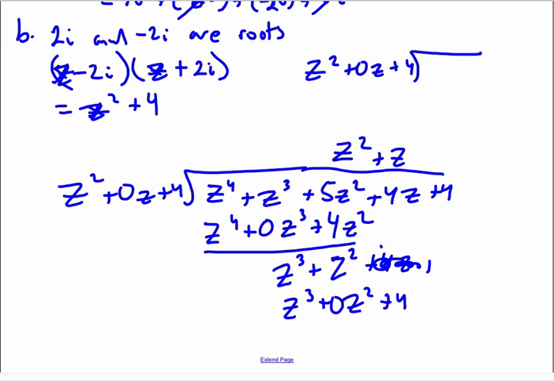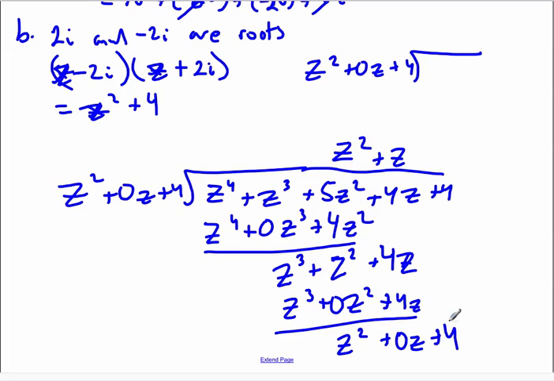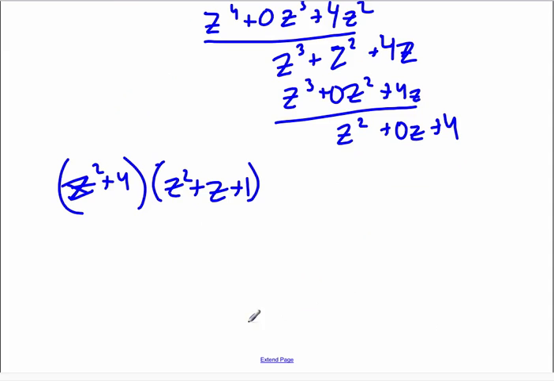Alright, so this gives you 4z as well. So I subtract that, I get z squared, and that's 0z, and this is a plus 4, and so I just need a 1 right there. So now we can see the polynomial f of z can be written like this.